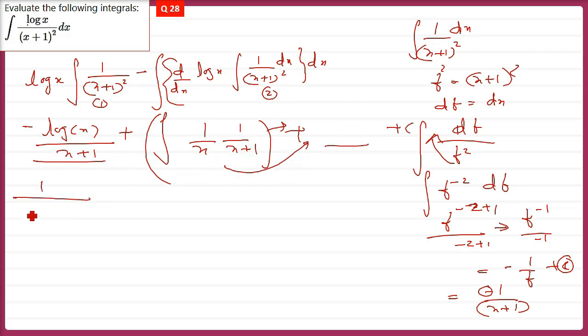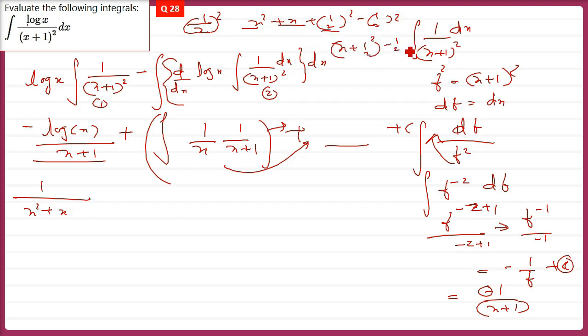What is 1 by x into x plus 1? It is x square plus x. Now x square plus x, what is the coefficient of x, which is 1? Just divide it by 2, square it, add it, subtract it. So 1 by 2 whole square minus 1 by 2 whole square, a square plus b square plus 2ab. So x plus half whole square has come and minus half whole square remains. So you can just write it as integration of 1 by x plus half whole square minus half whole square.